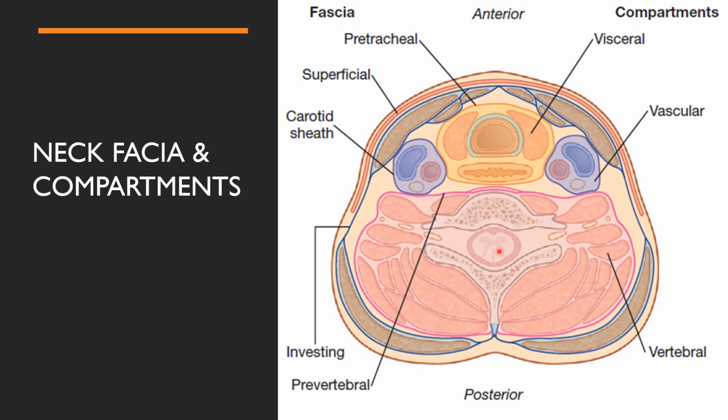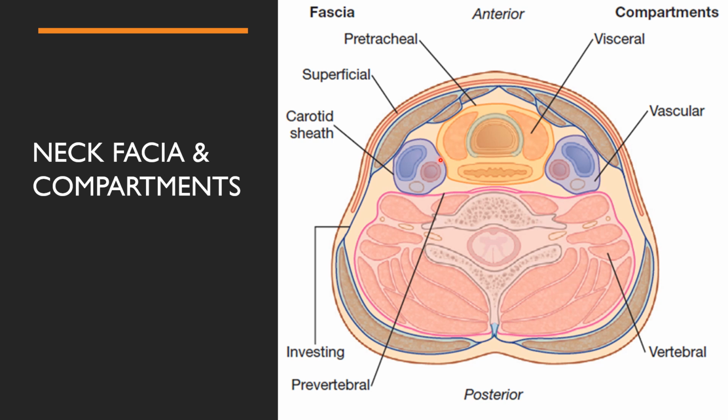We have the first compartment, which is called the visceral compartment, which is here, and it is also called the anterior compartment because it contains viscera like trachea, esophagus, and thyroid gland. We also have the vertebral compartment, which is here, and this compartment is posterior and contains the cervical vertebrae and the spinal cord inside the vertebrae and the cervical nerves and muscles that are associated with the vertebral column.